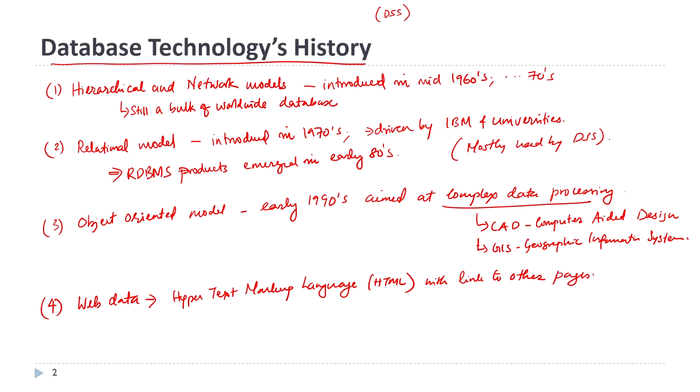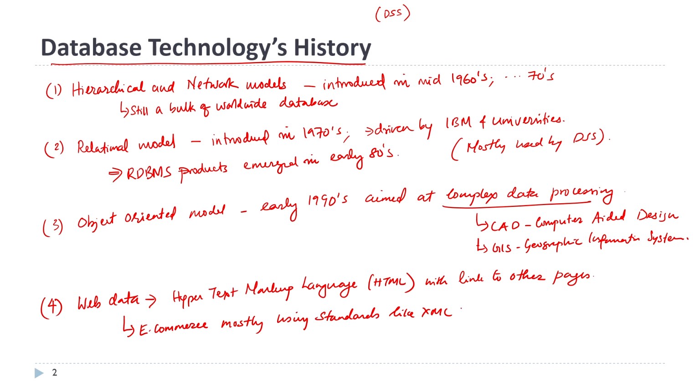So, the entire website, interlinked websites, is another type of data. Then e-commerce websites are another example, mostly using standards like XML.